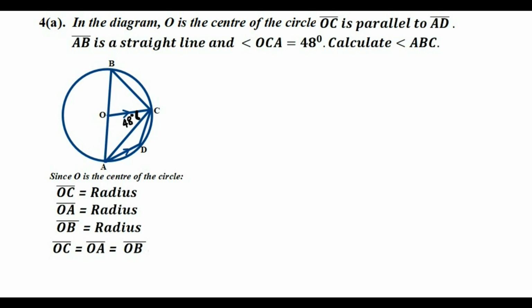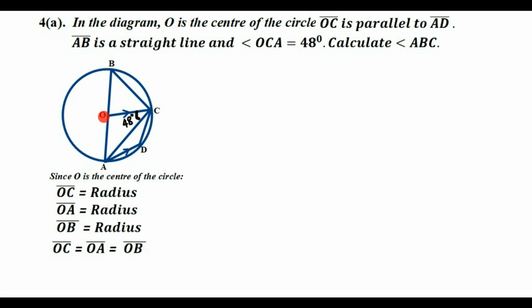Now, looking at this particular triangle OCA, or call it AOC, you can see that it is an isosceles triangle. How do I know that?